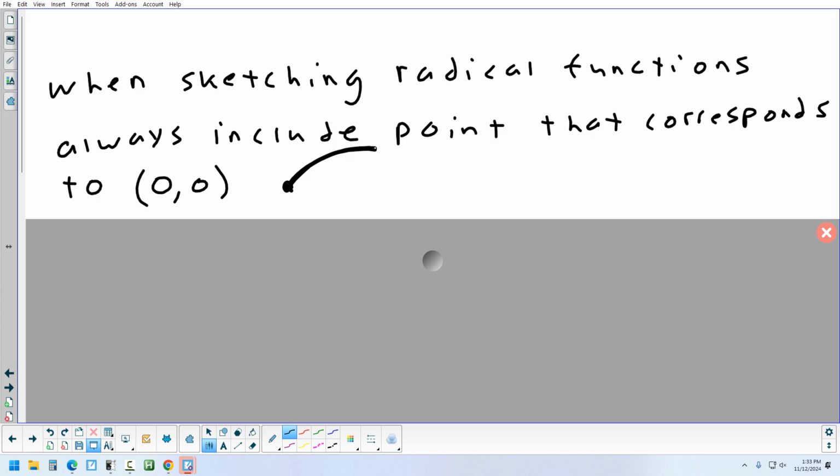How about when we did the cube root? What direction did that one go in? Well, what did we say the domain was for odd roots? Wasn't it all real numbers?